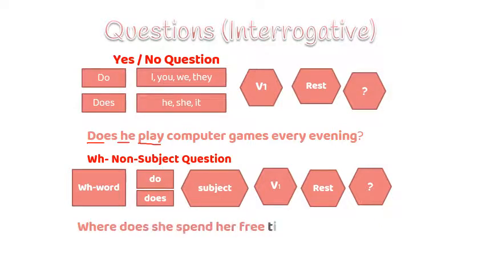Example, where does she spend her free time? Where, the WH word, then does, I use does here because I have she and she is singular. Where does she, then the verb spend. Where does she spend her free time? So this is how I form the interrogative sentences in the simple present tense.